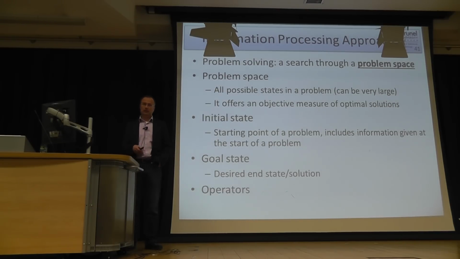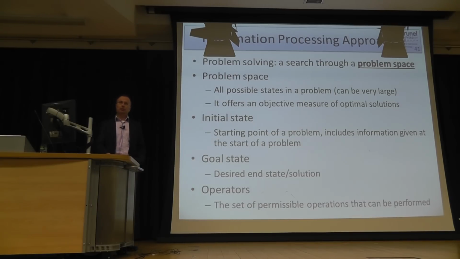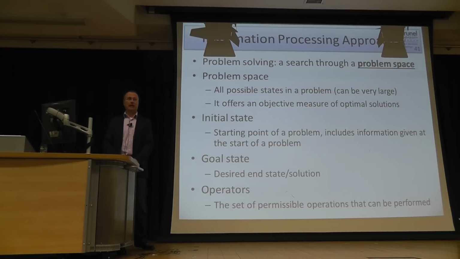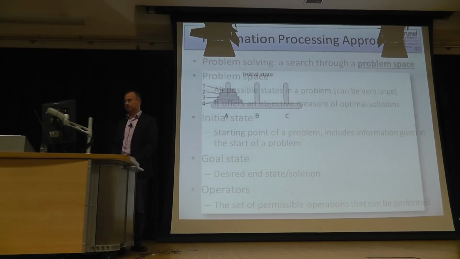Then we have what are called operators, the set of operations we are allowed to perform. They mainly worked with these types of formal problems such as chess. So the operators would be the different types of moves the pieces can do in chess.